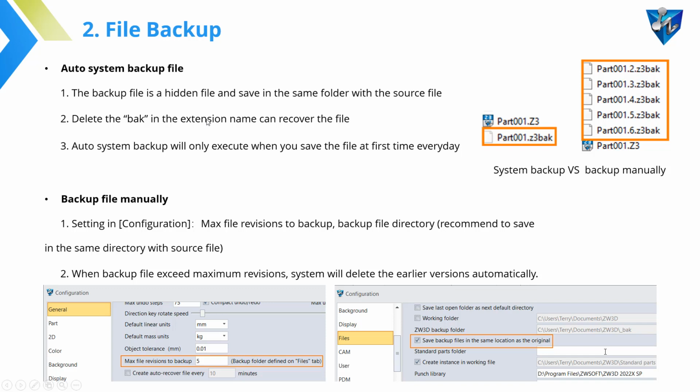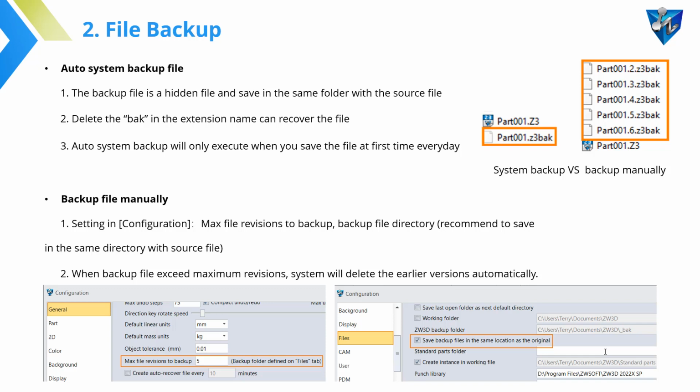If you want to use the backup file, you just need to delete the BAK in the extension name, and after that you can recover the file. The auto system backup will only be executed when you save the file for the first time every day.